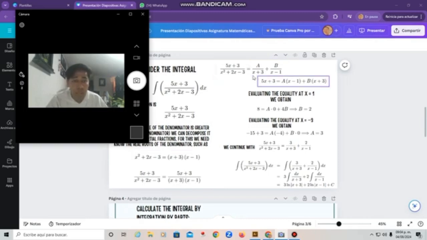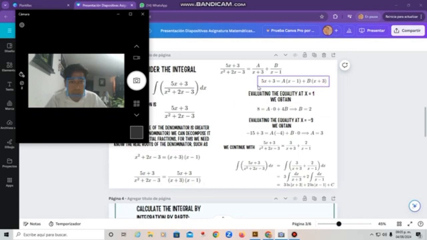So we have this operation equal to A divided by (x plus 3) plus B divided by (x minus 1).